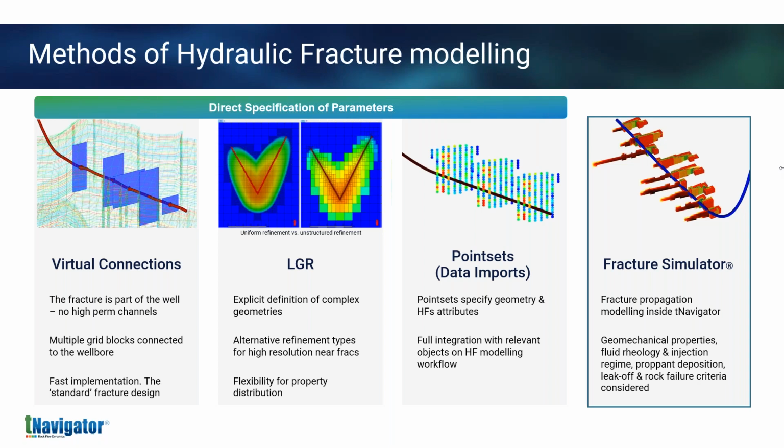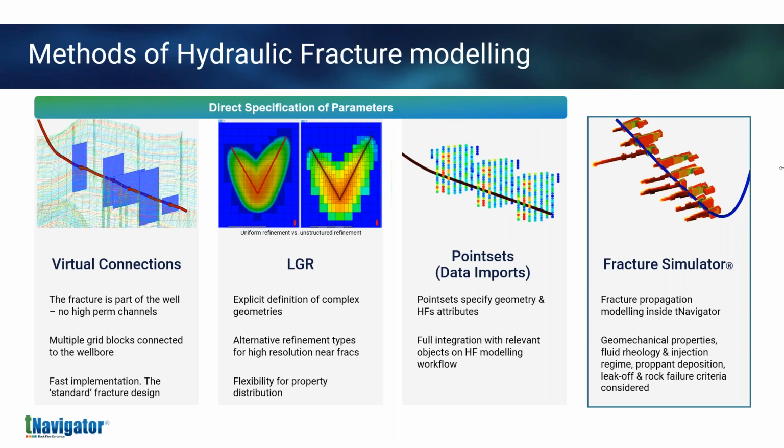And the final option is to actually utilize the fracture simulator model that we have. The simulator model itself has the fully coupled 3D geomechanical model embedded in it. So you can actually simulate the fracture propagation in 3D within your rock, based on the input data that you have to feed to the simulator.